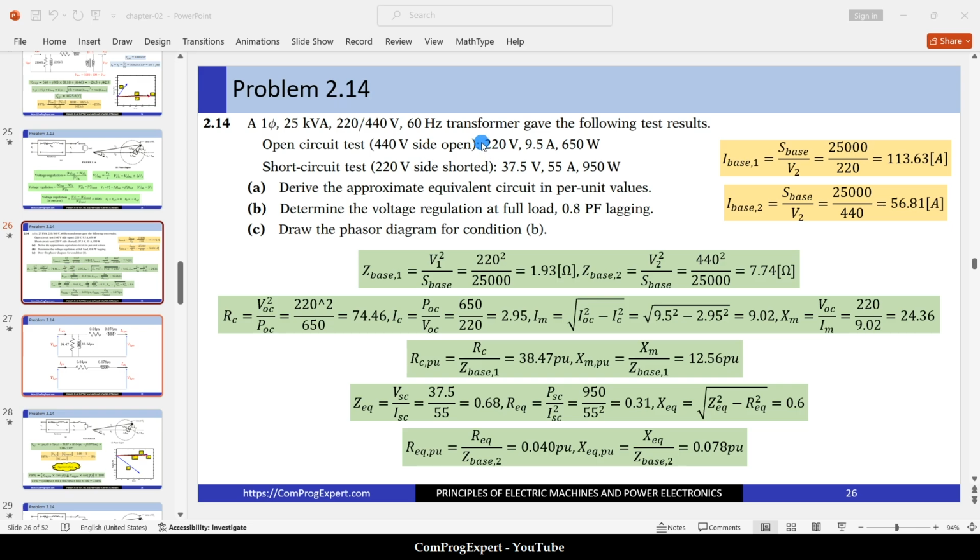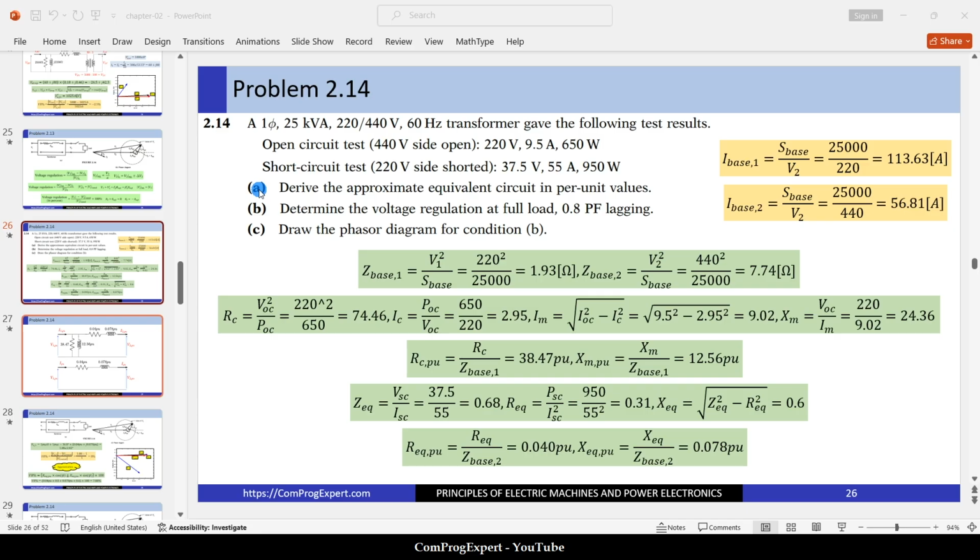This is the voltage of the open circuit, the current of the open circuit test, and the power loss in the open circuit test. That is for the core loss. In the short circuit test, the low voltage side is shorted. This is the voltage of the short circuit, the current, and the power loss.